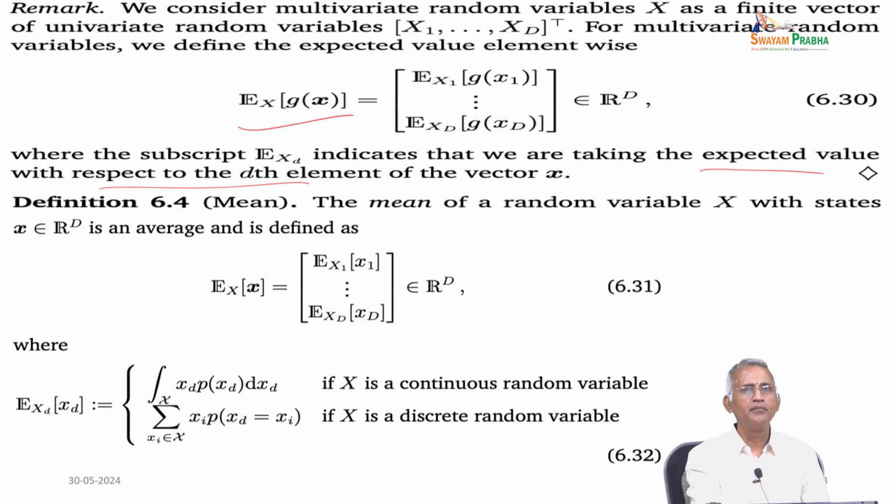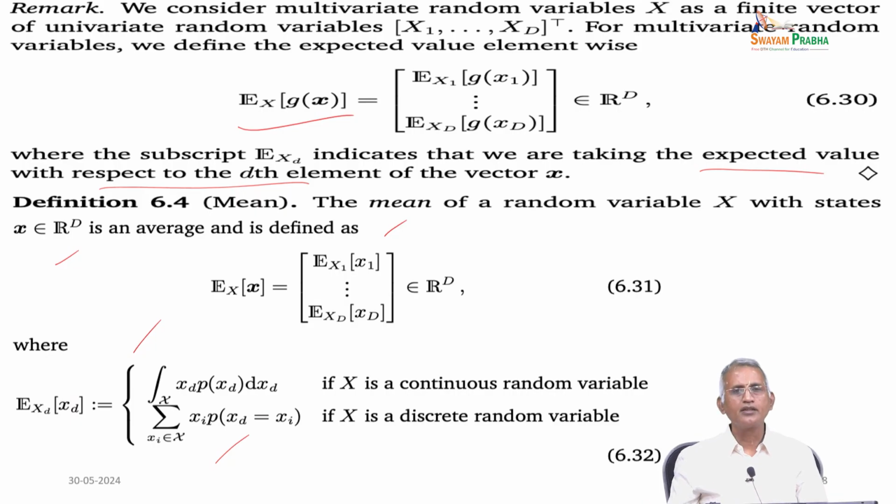And next we have the mean. Take the random variable X such that x is in R^d. The average is defined by E_X of x equal to E_X1 of x1 and so on up to E_Xd of xd in R^d, where E_Xd of xd equals the integral over the target space of xd times P of xd dxd if X is a continuous random variable, and the summation over xi in the target space of xi times P of xd equals xi, where X is a discrete random variable.